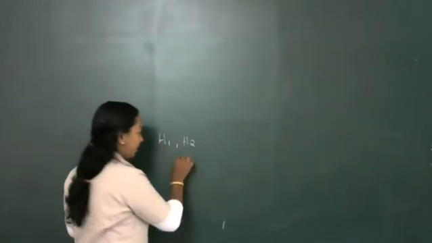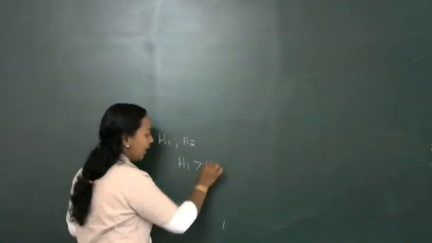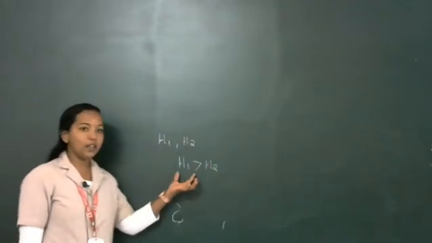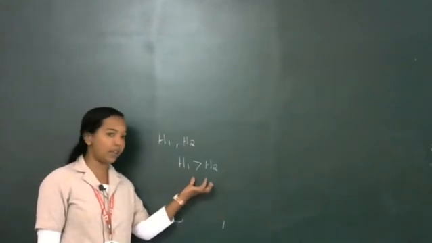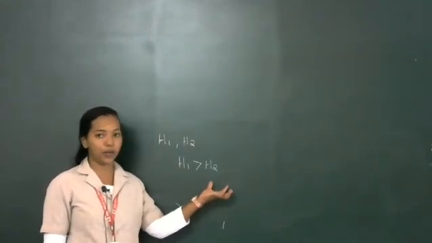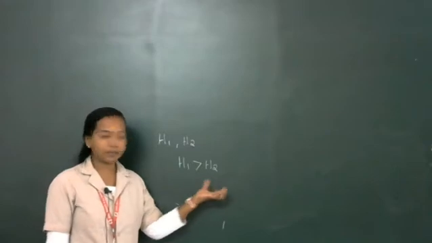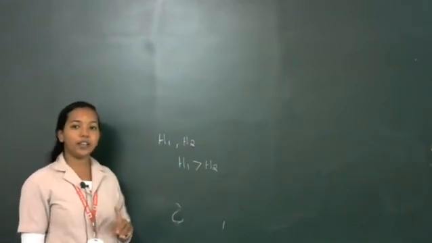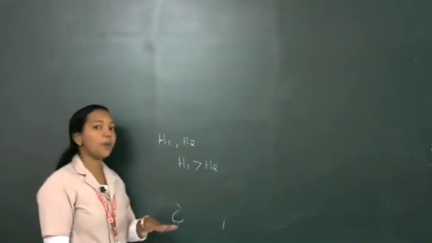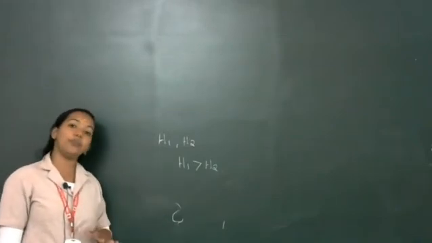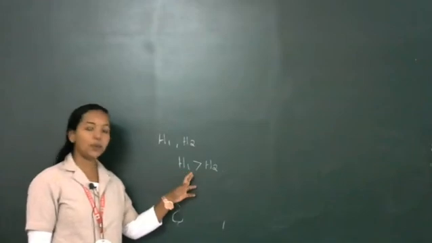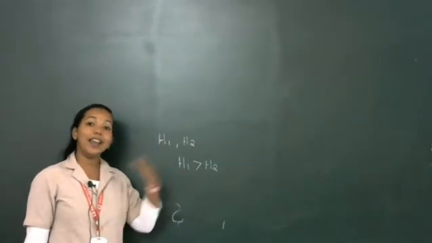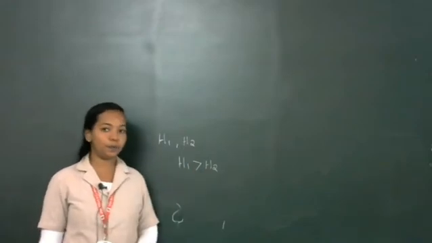Then two possibilities. First condition: if H1 is greater than H2, that is, if the height of the first student is greater than the height of the second student, then which one is taller? H1 is taller, meaning the first student is taller. Just the opposite: if the condition is false, that means H1 is not greater than H2, so H1 is lesser than H2.